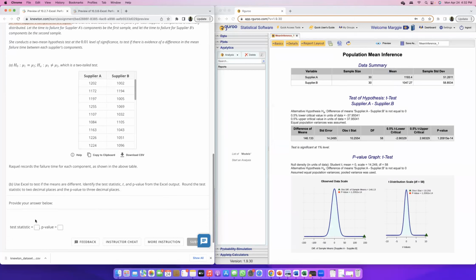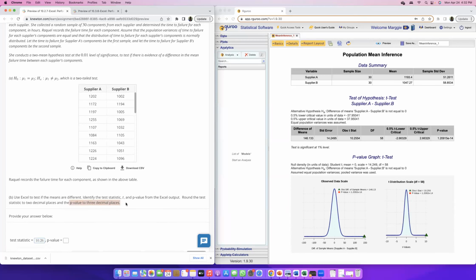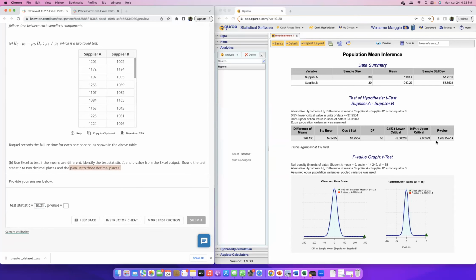So we go here, we need our test statistic and the p-value. The observed t-statistic is, we want 2 decimal places for the test statistic, so that's going to be 10.26. And then it says for the p-value to use 3 decimal places. So again, the p-value is 1.21 e, and then 10 to the power of minus 14.